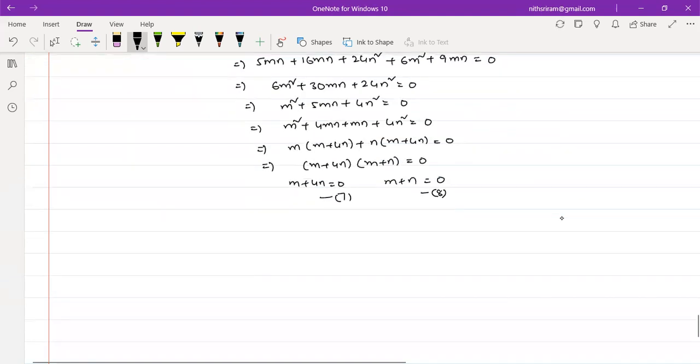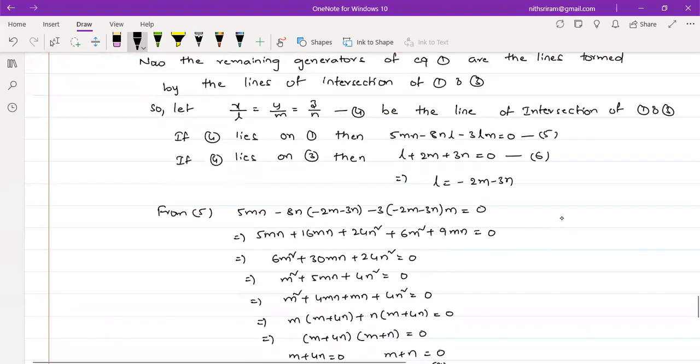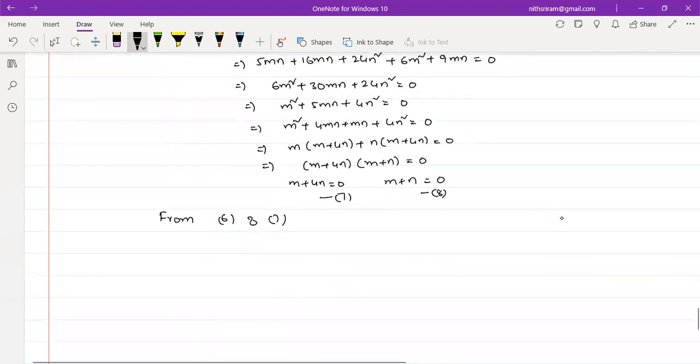Okay, right. So after getting 7 and 8, now we have to solve from 6 and 7. Here we have the sixth equation, that is an equation in L, M, N, and the seventh equation is also in M, N. Of course, we do not have L in it.